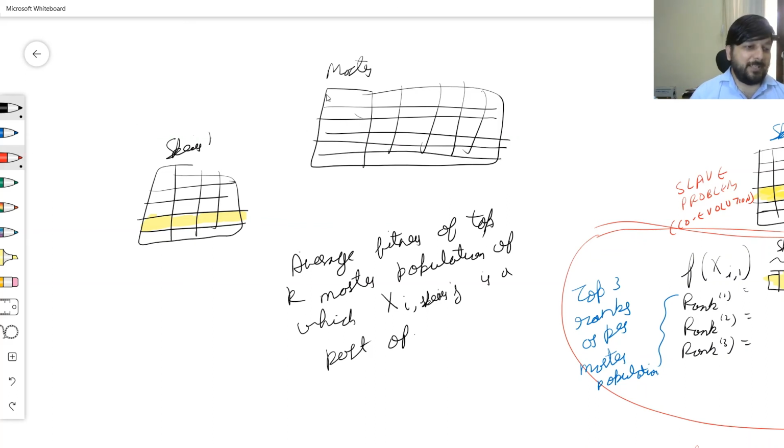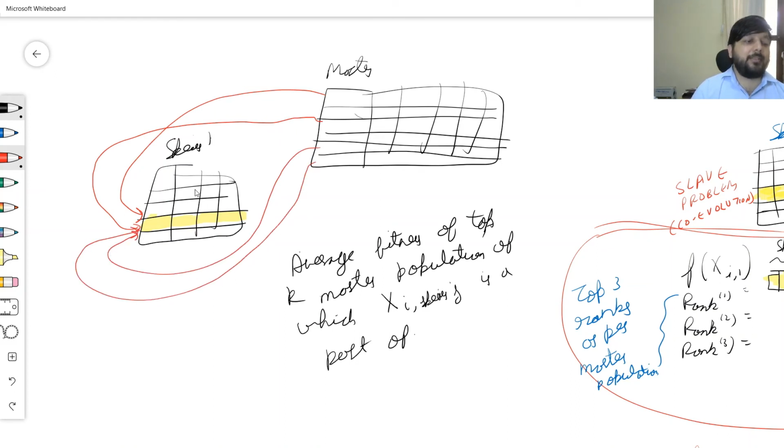So I say this individual is a part of this, this and this.